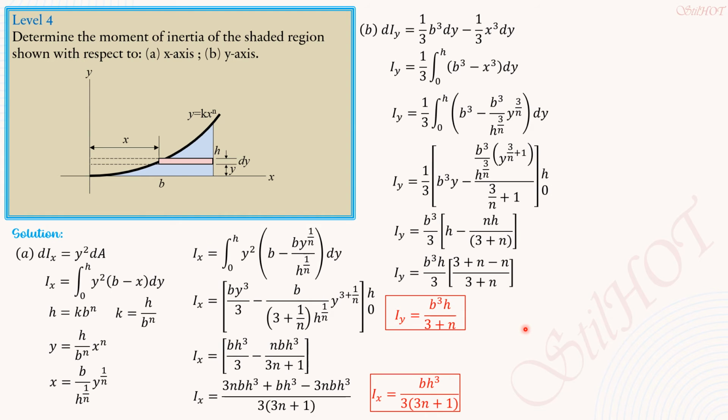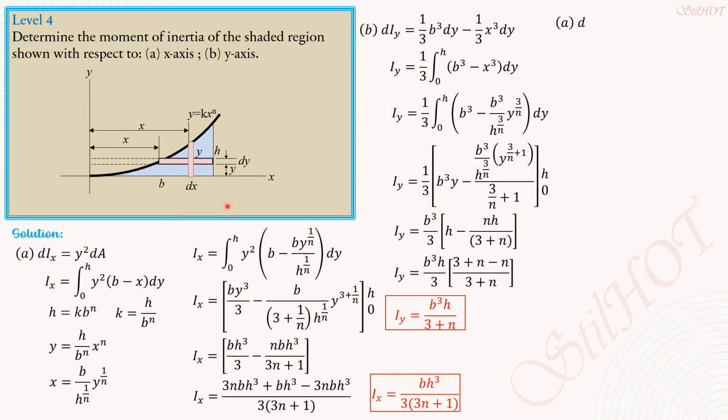For our second solution, let's consider a vertical strip. It may be simpler for a vertical strip. The height of the strip is y, and the thickness is dx this time. So the differential Ix is the moment of inertia of a rectangular strip with respect to the x-axis, which is 1/3 of y cubed dx.